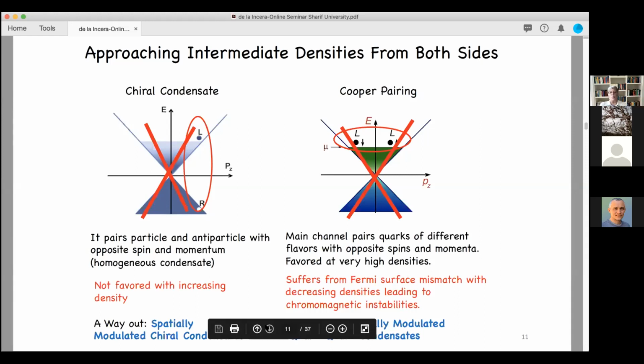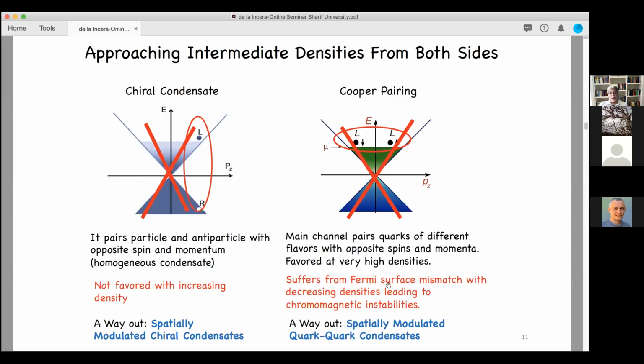But for the Cooper pairing, once you take into consideration the constraints coming from electric and color neutrality and beta decay constraints, the Fermi surfaces of quarks of different flavors are different. So you have a mismatch between them, and eventually the pairing in this homogeneous form is not favored.